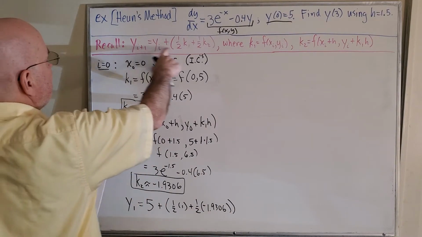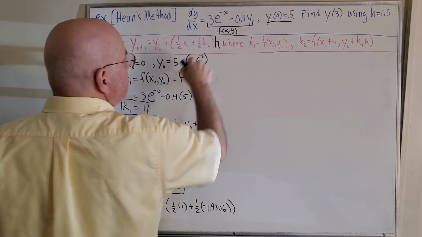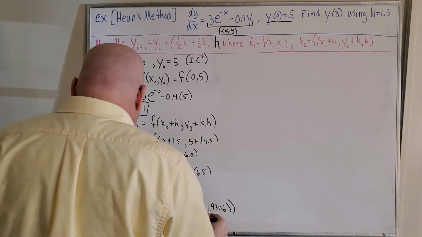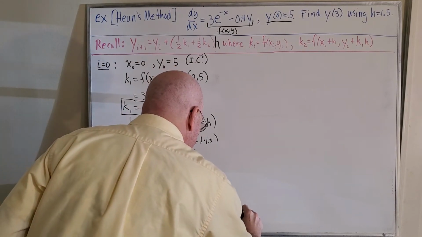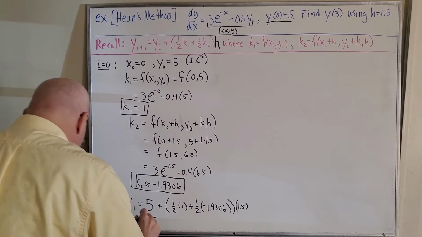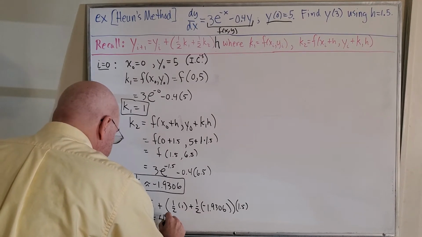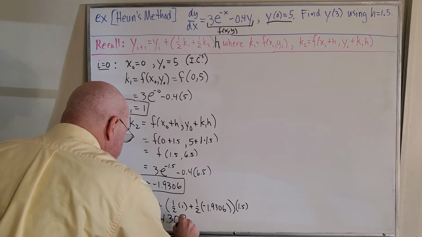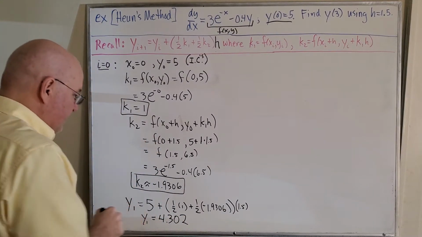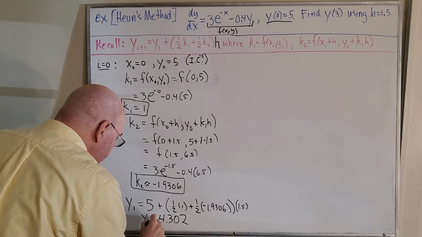I am missing an h right here. That h I was missing out of the formula. So now I need to multiply that by h, which is 1.5. So y1 is approximately equal to 4.302.